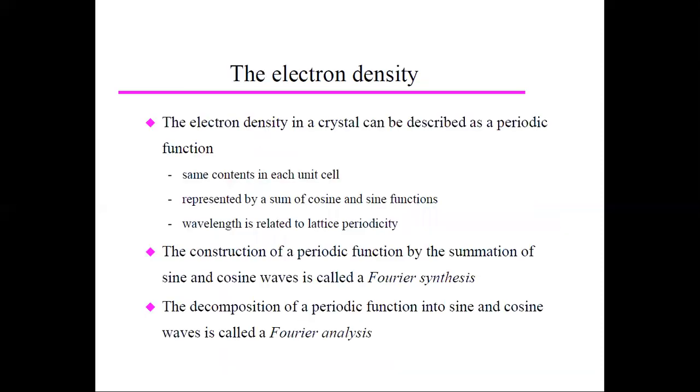From that, in the Fourier transform and its structure, the electron density in a crystal can be described as a periodic function. The same content in each unit cell is represented by the sum of cosine and sine functions. Because the wavelength is related to the lattice periodicity, the construction of a periodic function by the summation of sine and cosine waves is called Fourier synthesis.